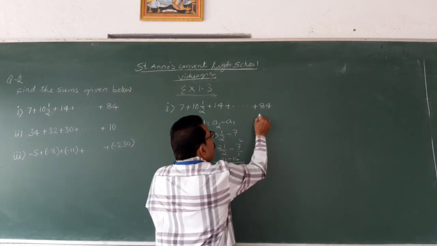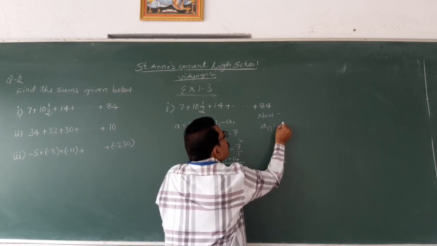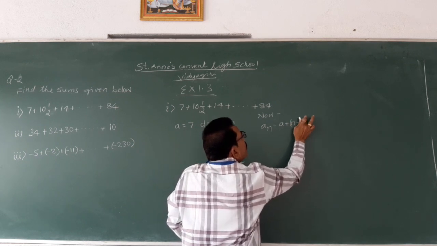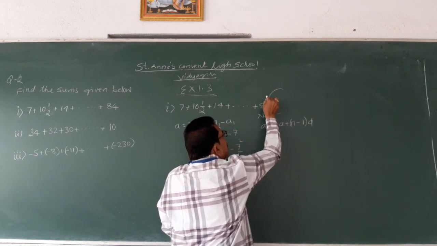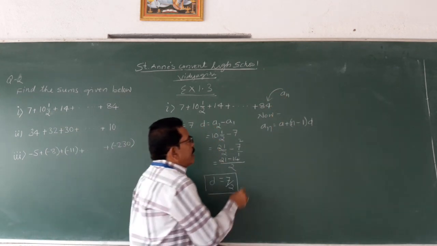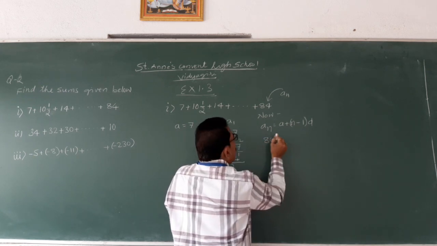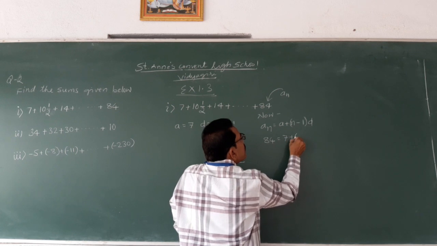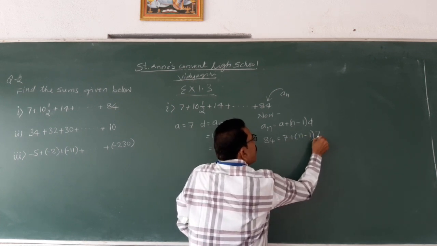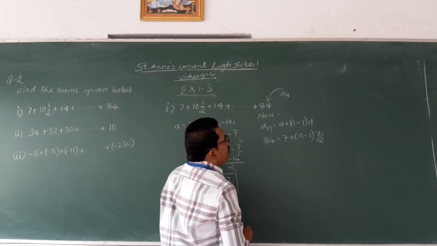So now, an equals a plus n minus 1 into d. Here the nth term is given, so an is 84. We know a is 7, and d is 7 by 2.